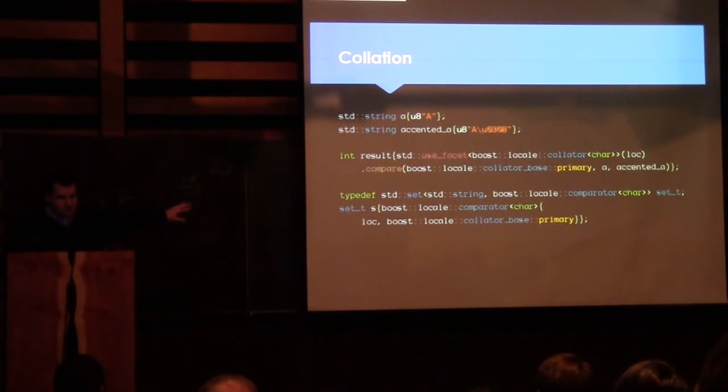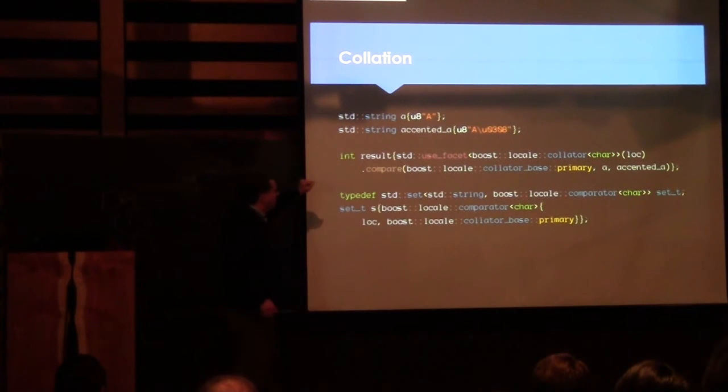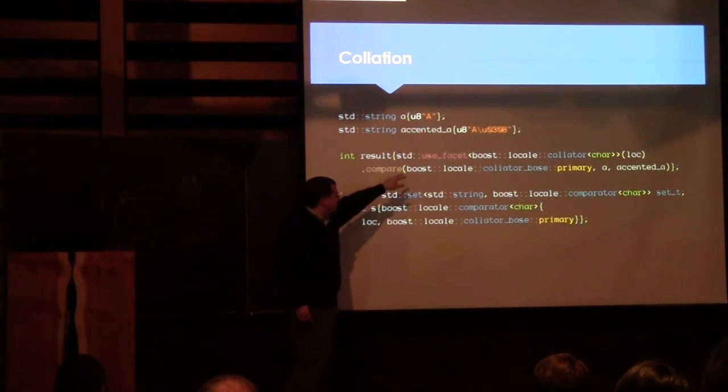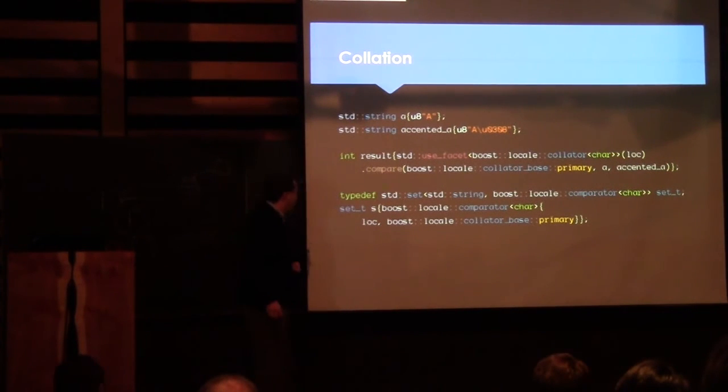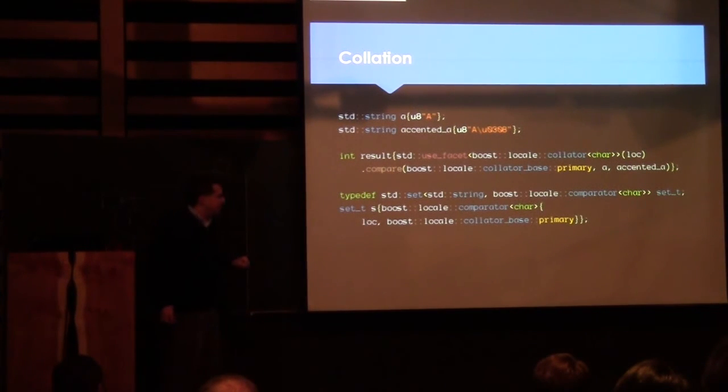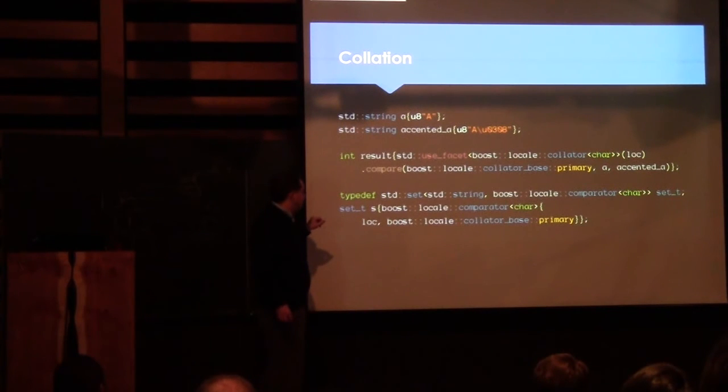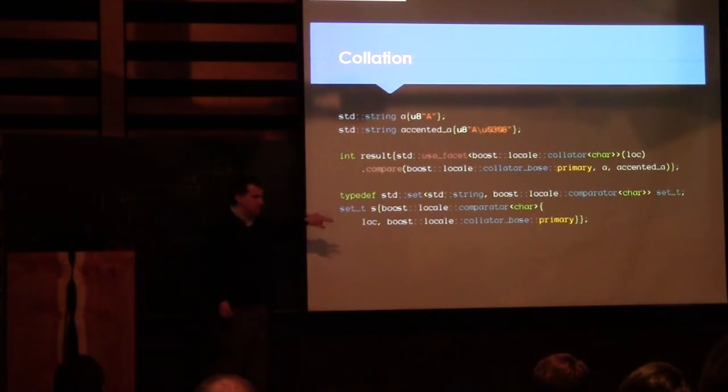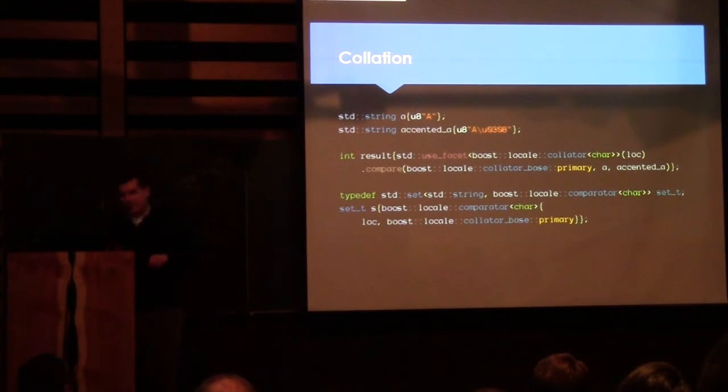So we can do collation. For example here, again we have the A and then the A with diaeresis, and if we do the comparison, basically we get the collator facet from the locale, and then we call compare on it. It also has a nice helper that lets you use this as, for example, the ordering comparer for a map.